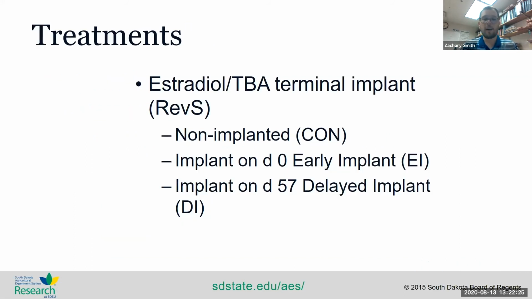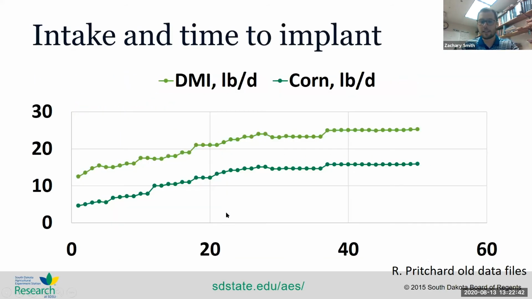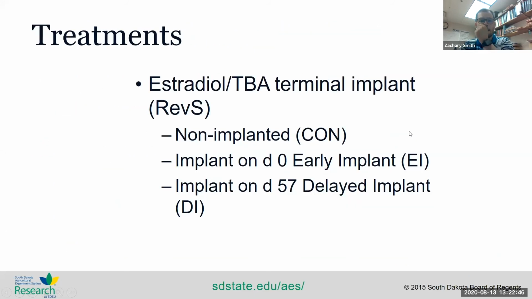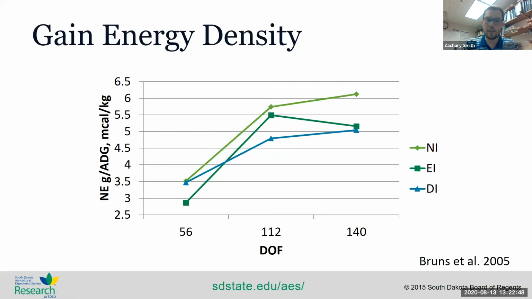And so Pritchard followed this up with a study where he looked at lifetime anabolic exposure, and also looked at cattle that were never implanted, given an implant on day 0 of the finishing phase, or cattle that had delayed the implant until day 57. So these cattle were up here on feed prior to getting implanted, and then looked at percentage choice.